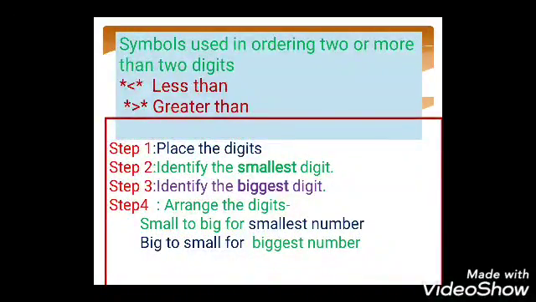So the symbols used in ordering 2 or more than 2 digits again is less than and greater than. So what are the steps? Place the digits, identify the smallest digit, identify the biggest digit, arrange the digits. Small to big for smallest number, big to small for biggest number.